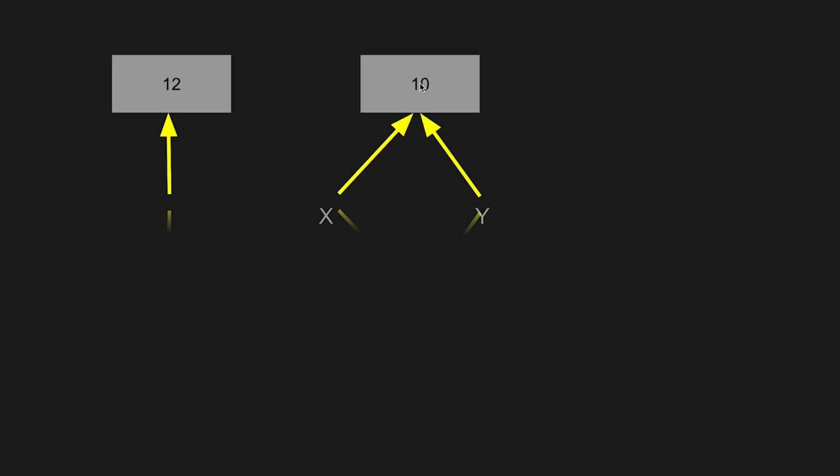No. It will point x to the 12 instead of this 10. Previously the address of x and the address of y were the same, pointing to the 10 value. But when I update the value of x to 12, now the address of x and the address of z are the same and they are pointing to 12.